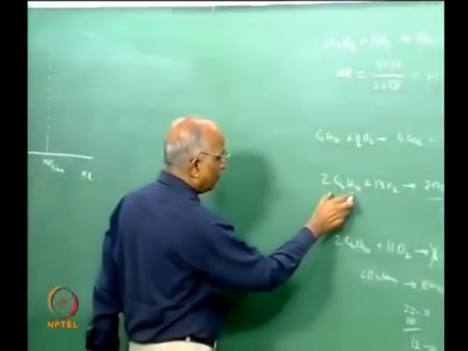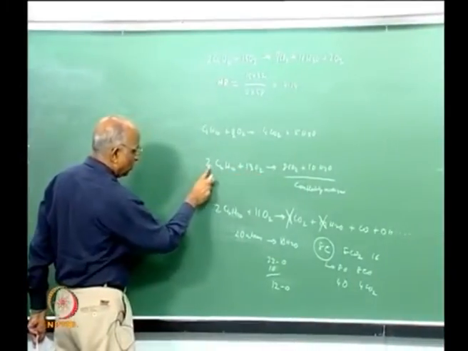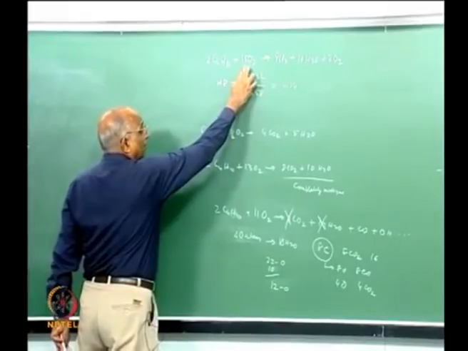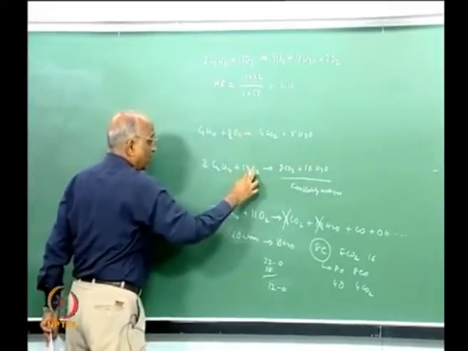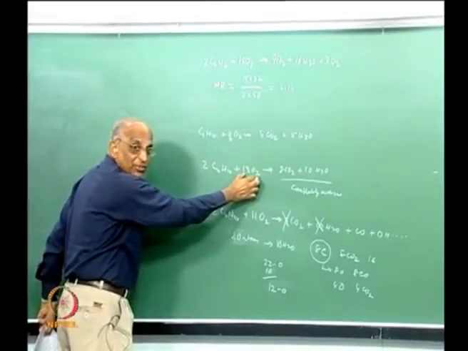For stoichiometry, you have C4H10 plus 13O2, 2 of this. When it was fuel rich, the number of moles increased, and therefore even though Q is the same, as I become more and more oxidizer rich, what's going to happen?